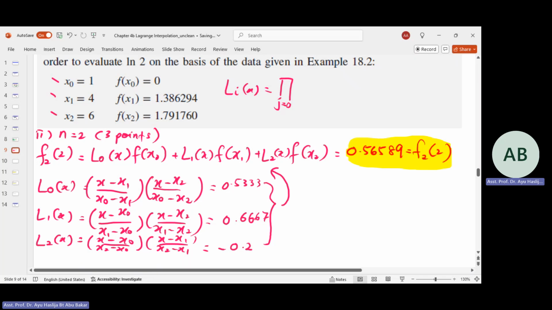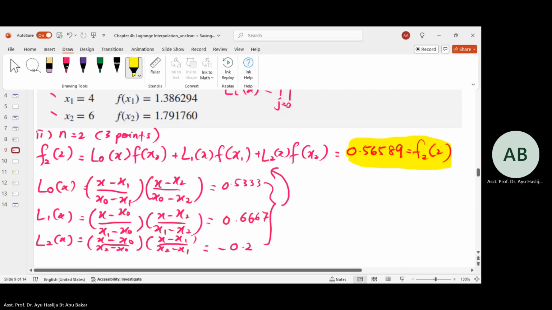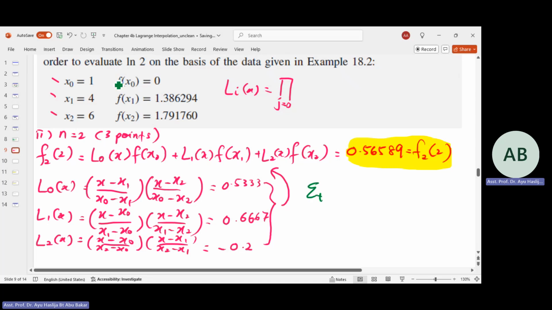The true error. True value last time is 0.6932.